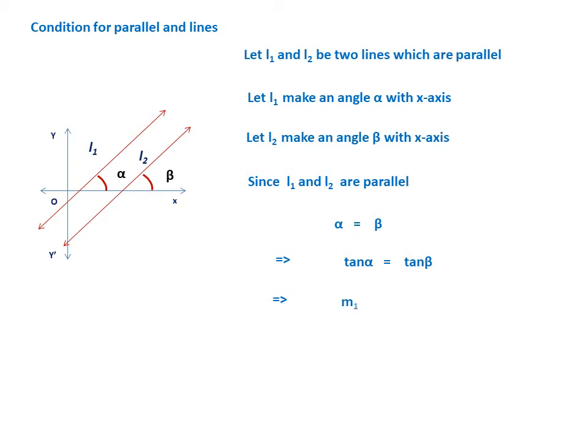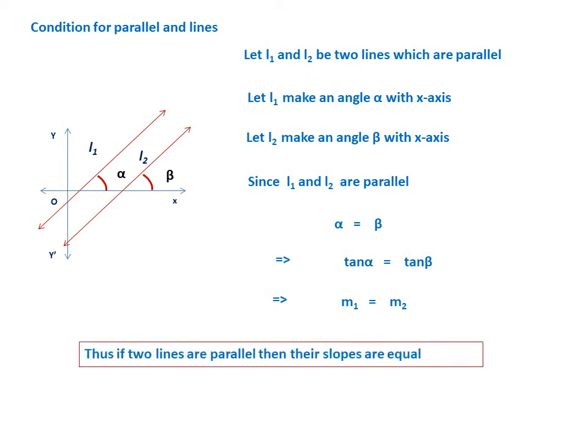But what is tan alpha? That is m1. And what is tan beta? m2. m1 is the slope of the first line, m2 is the slope of the second line. Therefore, if two lines are parallel, then their slopes are equal. This you have to remember. Therefore, the condition for parallel lines is that their slopes are equal. This is the first condition.